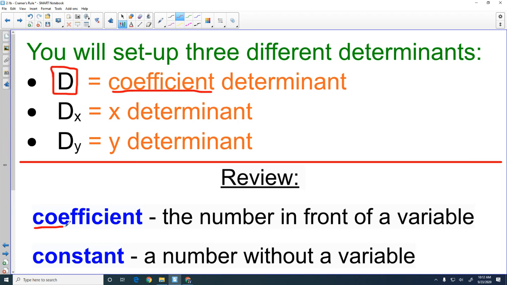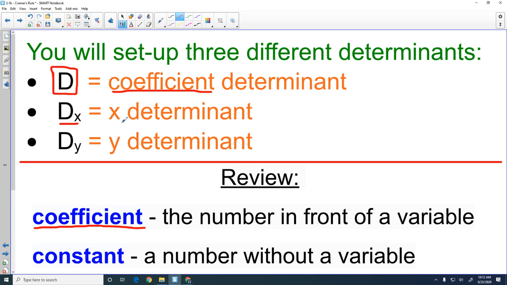If you're not sure what that is, I've included the definition down here at the bottom. That's just the number in front of a variable. So if I've got a term like 3x, the 3 is the coefficient because it is the number in front of the variable.